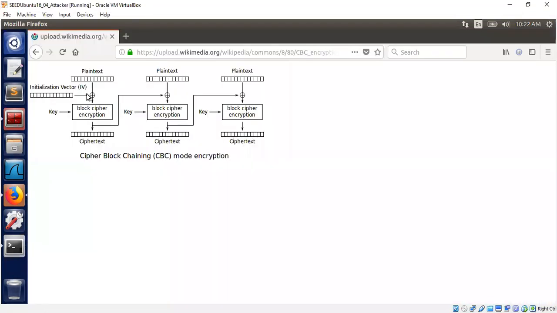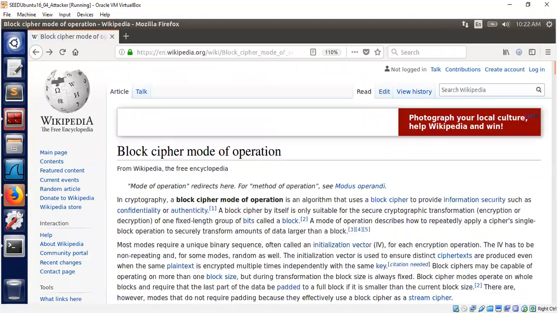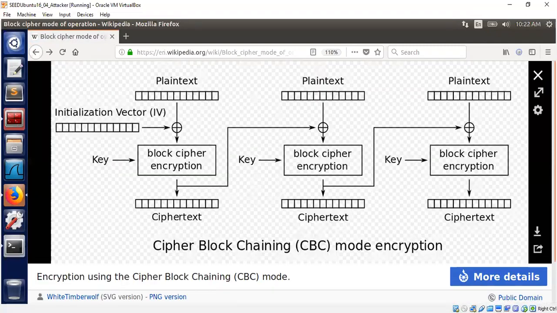Now we can say the two messages must have got the same input to the block cipher encryption. Otherwise, they wouldn't have generated the same ciphertext here. That's the main message, right? We got the same ciphertext for both example cases.